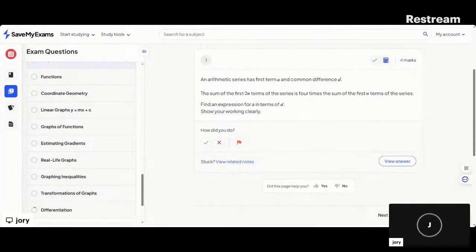All I remember is the sum equals the initial plus n minus 1, the difference. Sum of n. Now this is n, straight up, right? This is the nth term.